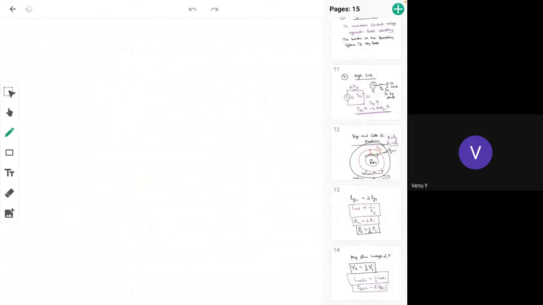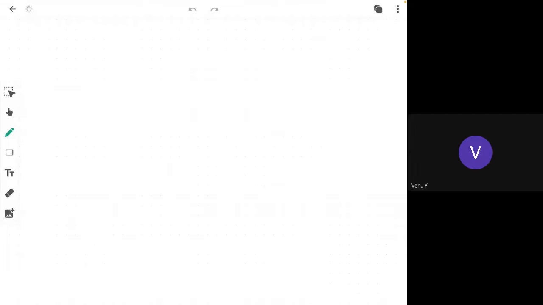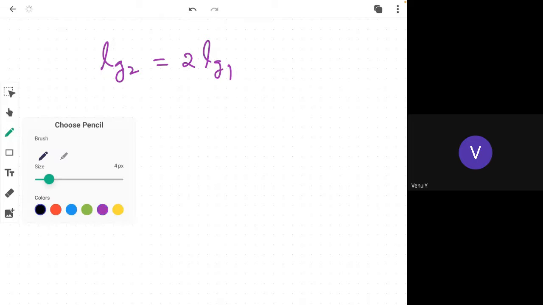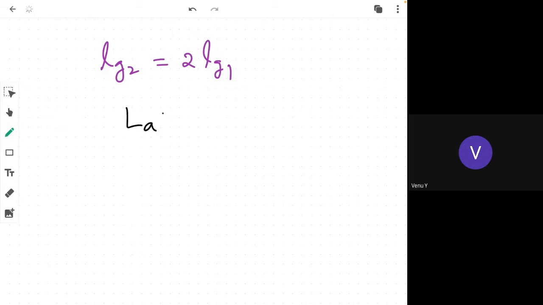Coming to the second point, when LG2 is doubled, the mutual inductance LAD and the self-inductance LAA are equally affected.